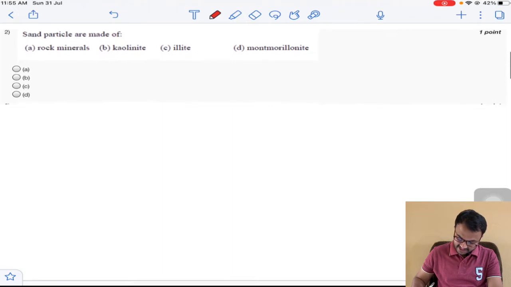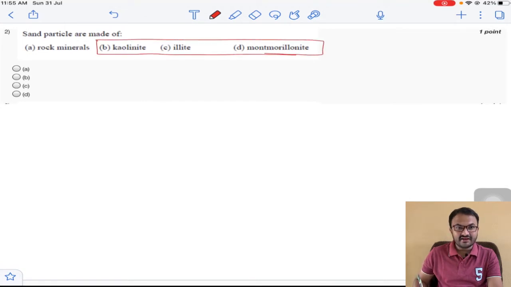question. Sand particles are made of: options are rock minerals, option B kaolinite, option C illite, and the last option is montmorillonite. If you observe, options B, C, D are all minerals of clay.